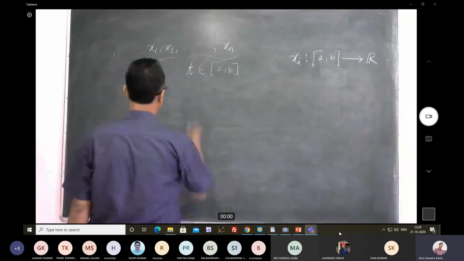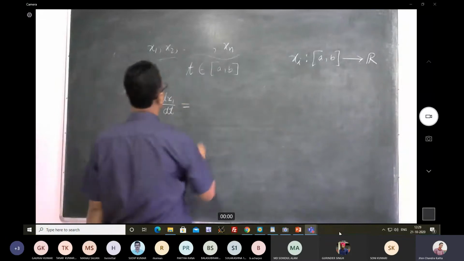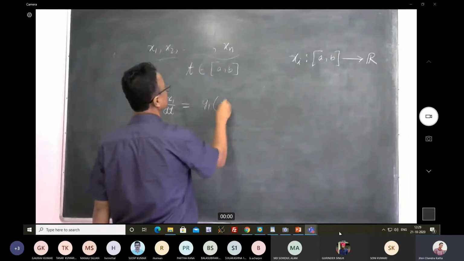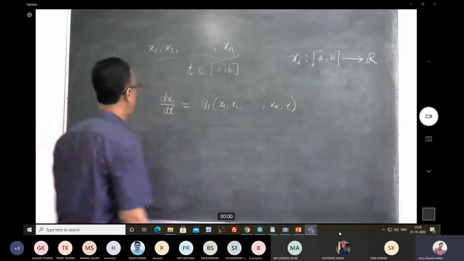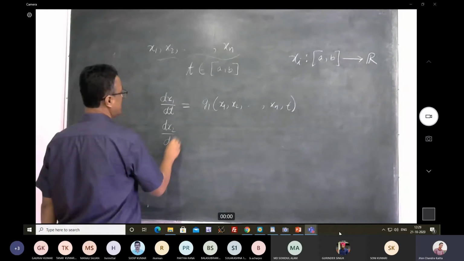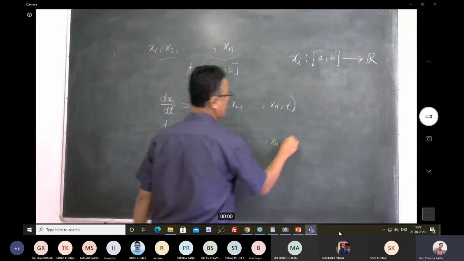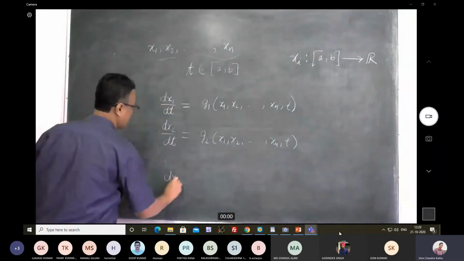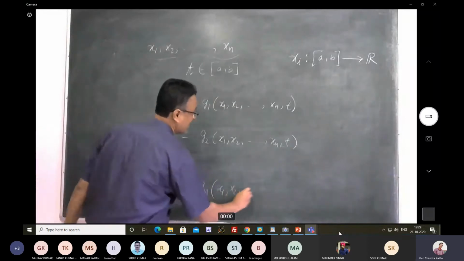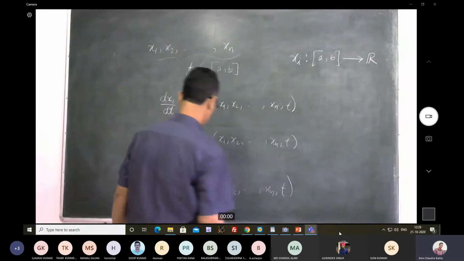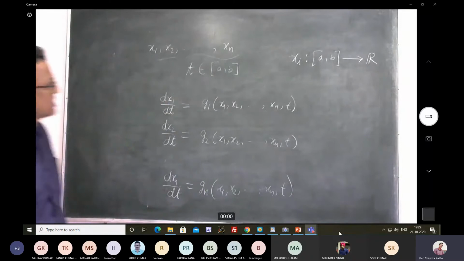And then suppose I have a system of first order ODEs, given by dx1/dt equals g1(x1, x2, up to xn, t), and similarly dx2/dt equals g2(x1, x2, up to xn, t), and finally dxn/dt equals gn(x1, up to xn, t), right? Can you tell me what is the domain of these gi's?